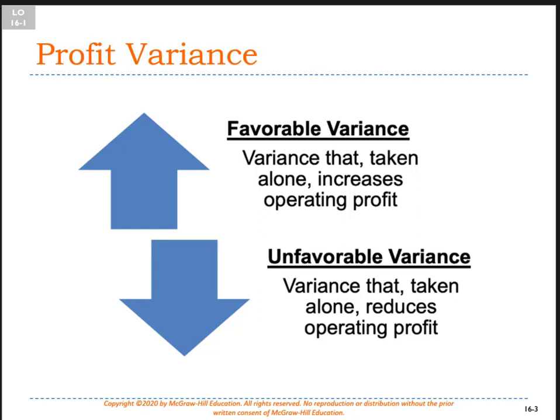Now, we do want to not put too much emphasis on favorable and unfavorable in the sense that we always want favorable variances, but never want unfavorable variances, okay? Because many favorable variances may actually be a bad thing.